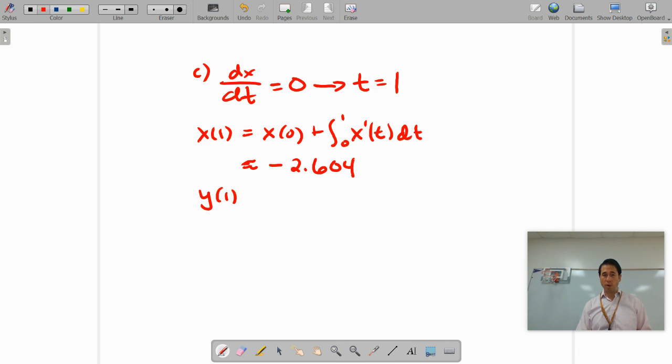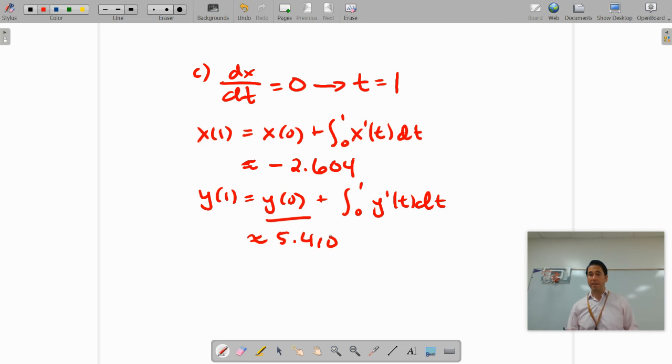Now let's find the y position for this guy in case we need it. That would be the initial position of y at time t equals 0 plus the displacement, the antiderivative of velocity, which gives 5.410.